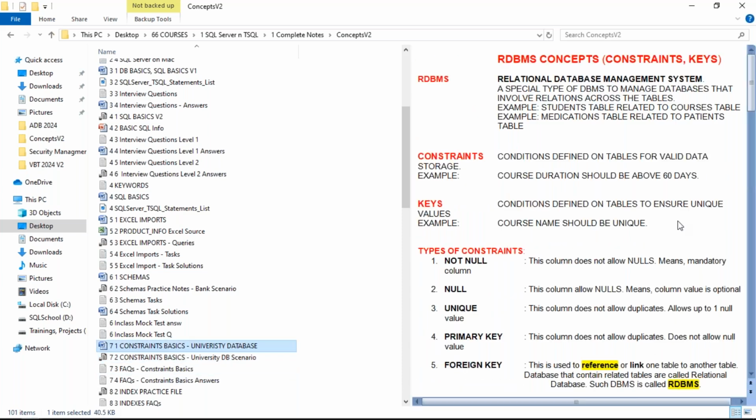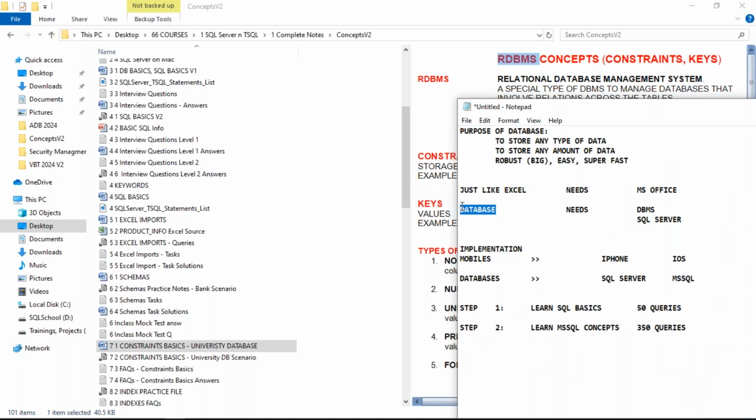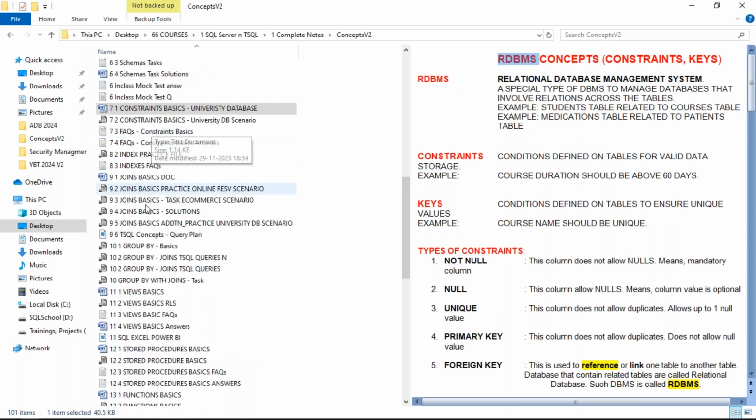In our classes, we'll talk about something called RDBMS, a type of database management system. Just like phones have smartphones, our DBMS has something called RDBMS, an extended feature with more beauty, more options. We are going to learn RDBMS concepts for the rest of the course from item number 7.